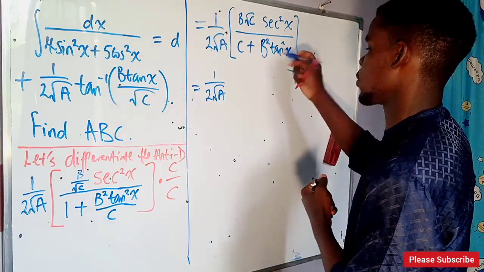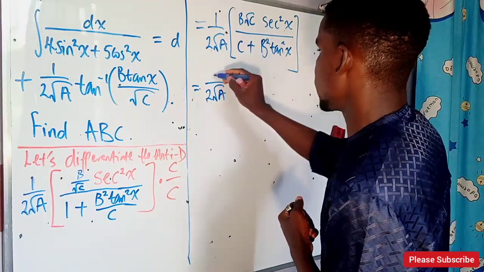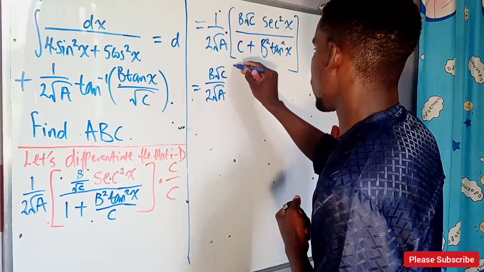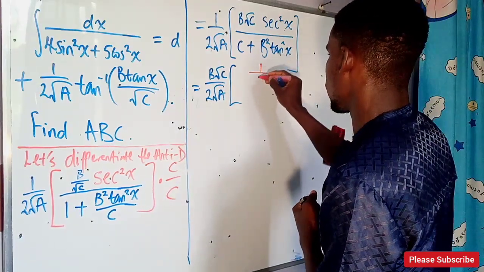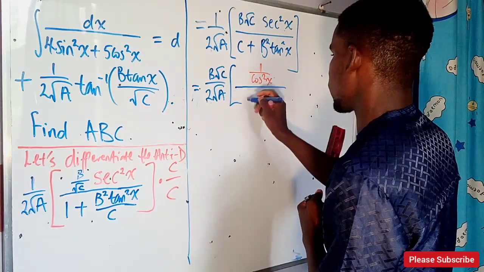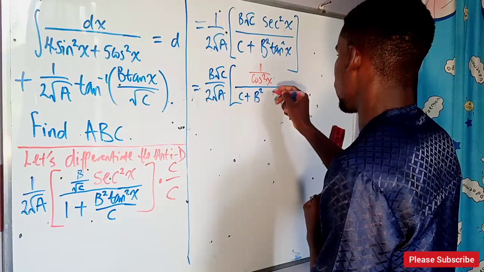Let me put this b square root of c outside the bracket. Secant squared is 1 over cosine squared of x, divided by c plus b squared times the tangent squared, which is sine squared over cosine squared.